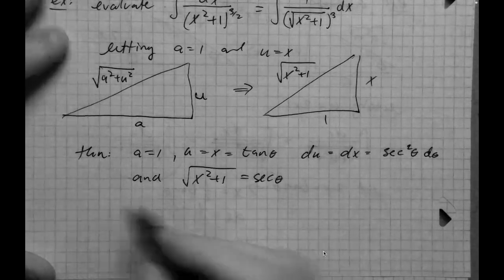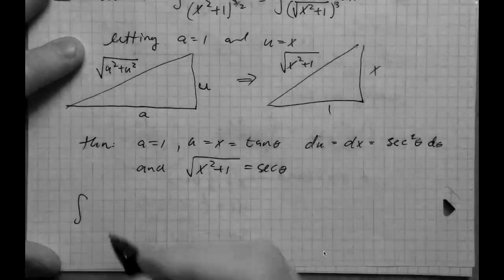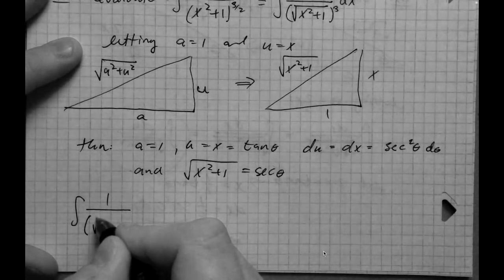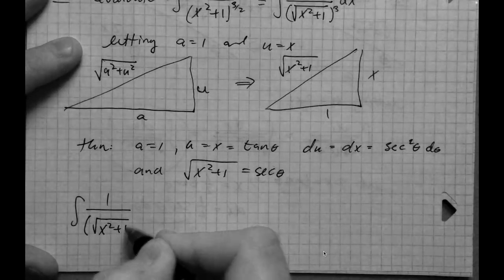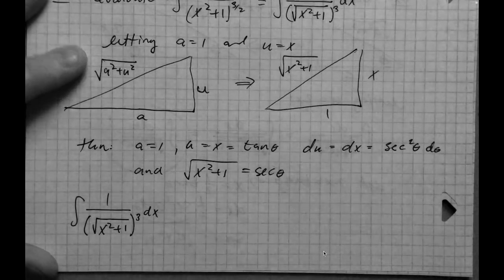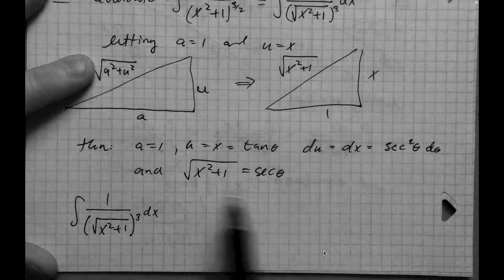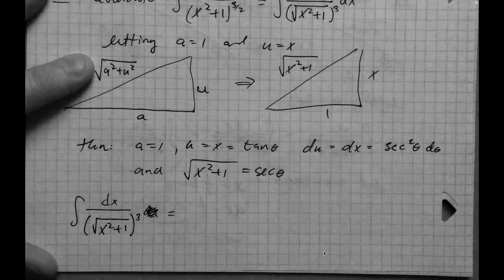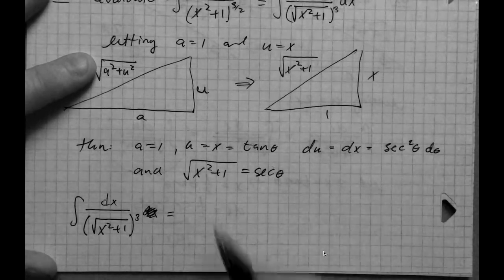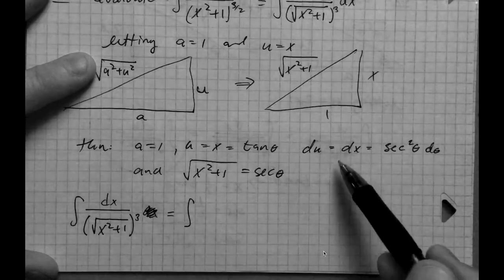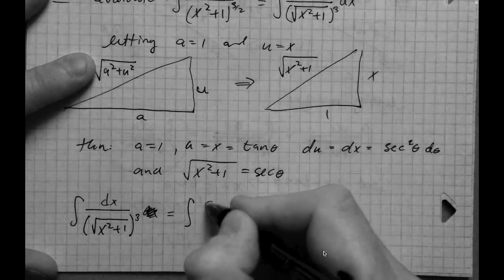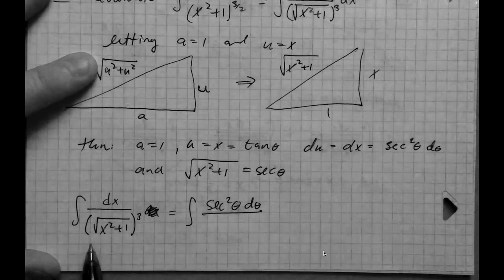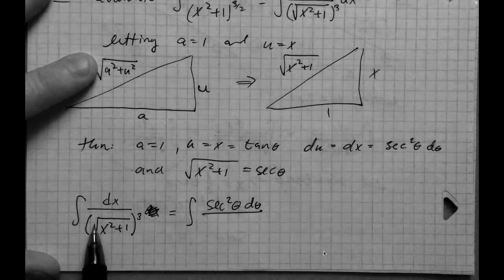All right, so then we can plug everything in here. So we've got the integral of 1 over the square root of x squared plus 1, cubed. Okay, and so we can make the substitution. I'm going to write dx up on top like that. I think it's a little better when you have a long dx like this. So dx is secant squared theta d theta. And then what do we see for the square root of x squared plus 1?